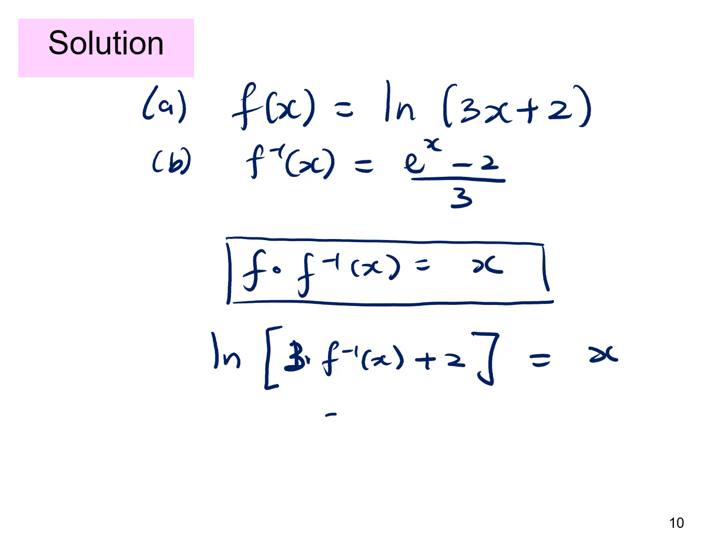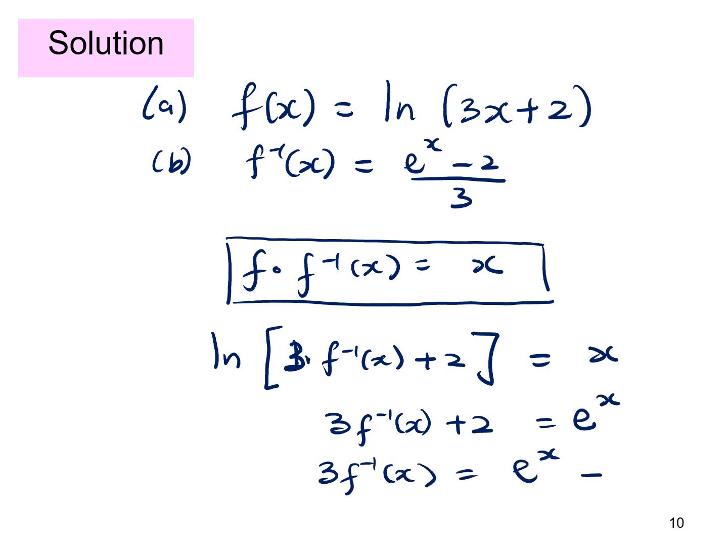So you have 3 f inverse x + 2. This is base e to the power of x. So we have f inverse x equals e^x minus 2, and finally here you have (e^x minus 2) over 3. So this is the inverse of f.